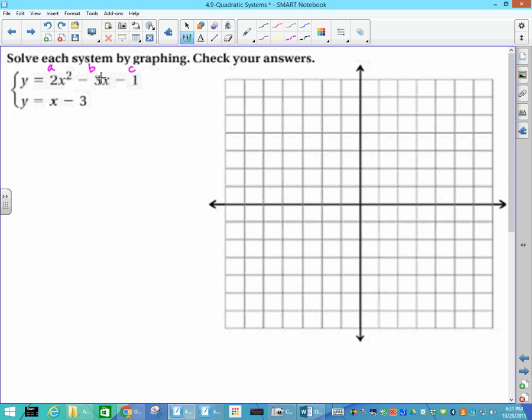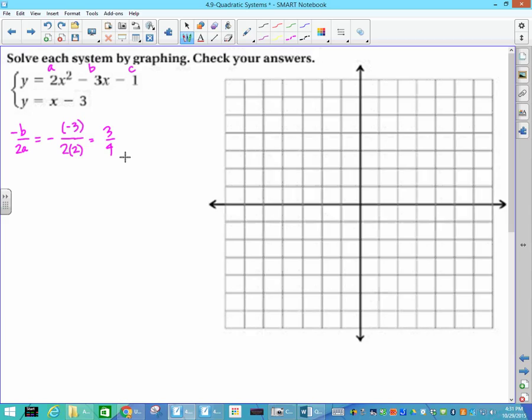I'm not putting it in vertex form, y'all, because when I take out that 2, then I'm dealing with a fraction. So I think it's going to be easier to say, I'm going to go do negative b over 2a. So negative b over 2a gives me b is negative 3, and 2 times a is 2. So this simplifies to 3 over 4.